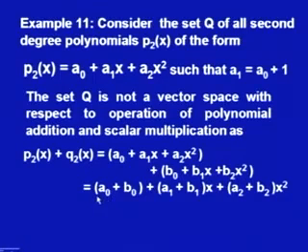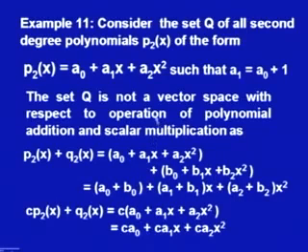It is defined as (a0 plus b0) plus (a1 plus b1)x plus (a2 plus b2)x square, that is, the coefficients are added together. The scalar multiplication C times P2(x) is defined as C times (a0 plus a1x plus a2x square), which is C a0 plus C a1 x plus C a2 x square.